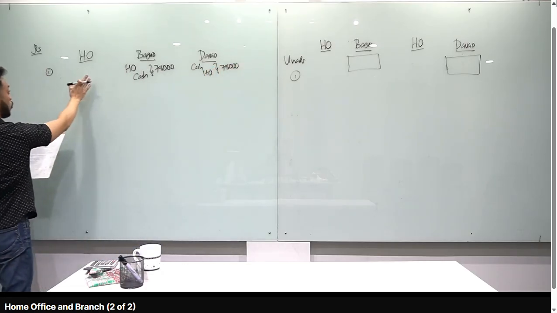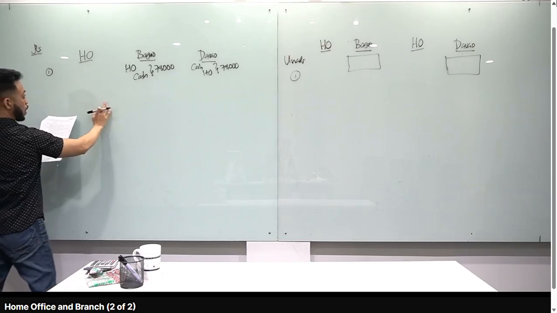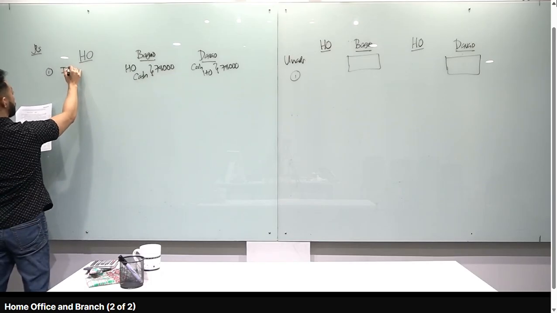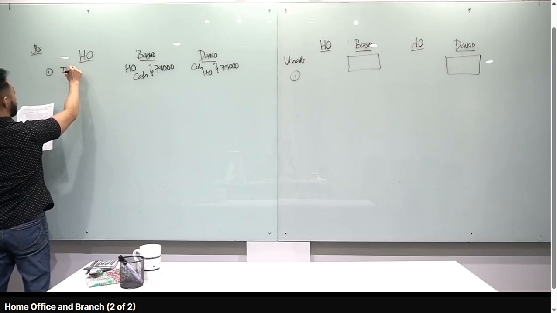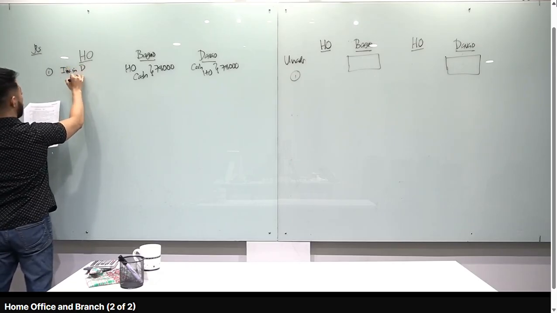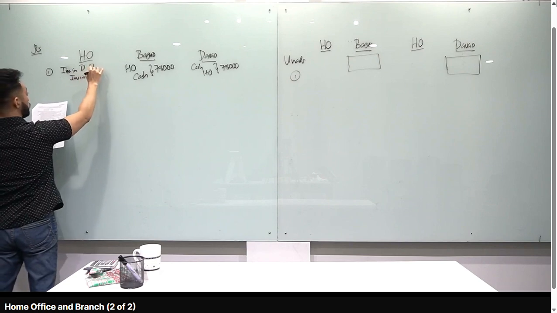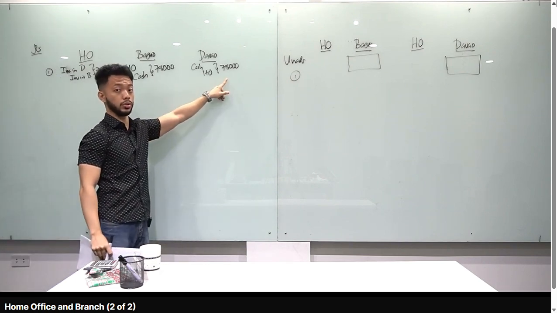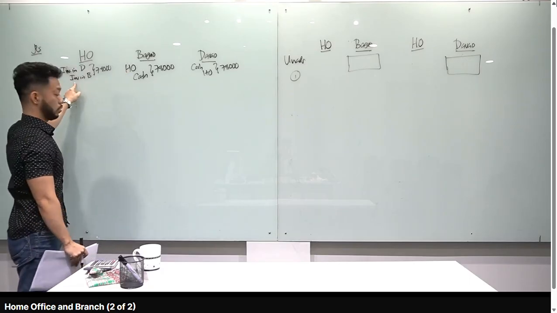Alright? Sa books naman ni Home Office, since nilipat yung cash from Baguio to Davao, okay, debit investment in Davao, credit investment in Baguio, 74,000. Siyempre, increase yung investment in Davao kasi increase yung HO dito. Nag-decrease ang HO, decrease yung investment.